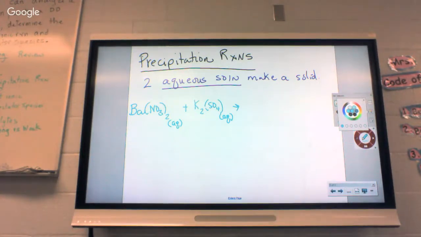Alright, so if we have this reaction, I just said we were doing the same reaction from before break. So, if we had this reaction, what would we know to do?